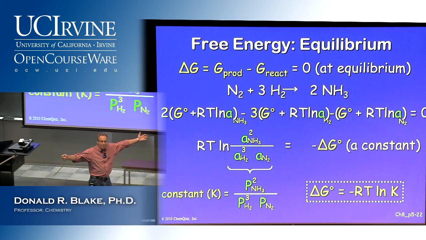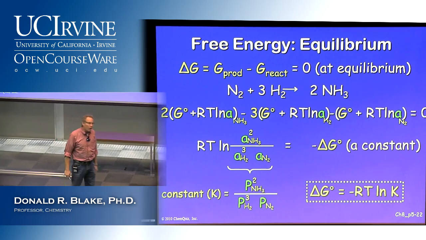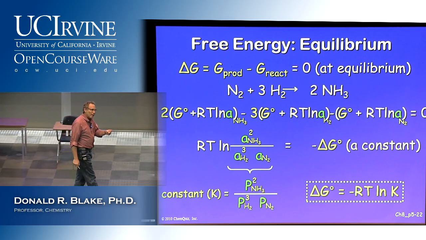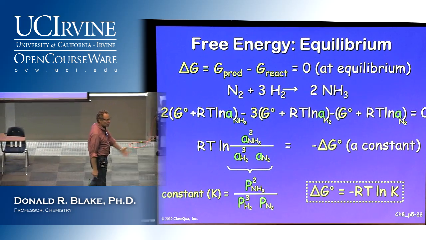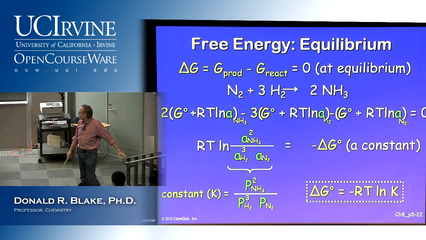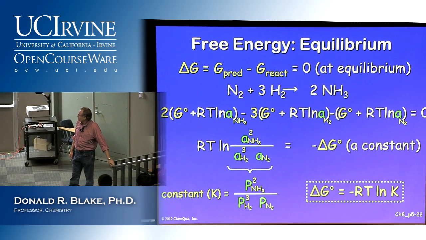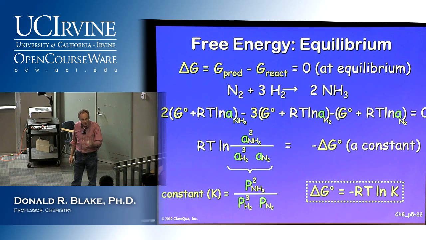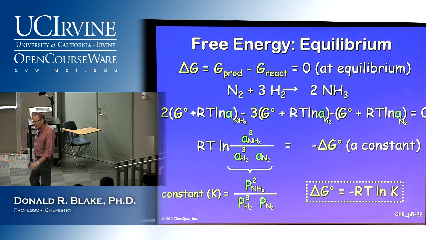In an example I could give you, I could say, what is the K of this reaction? Let's do it. What is the K of this reaction if delta G is equal to... no, let me say, what is delta G? Make it easier.